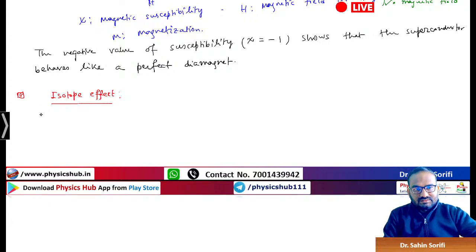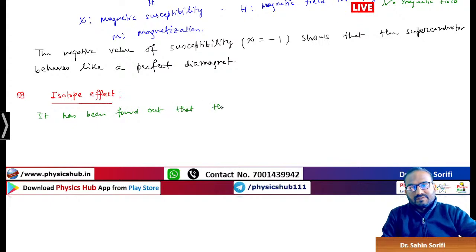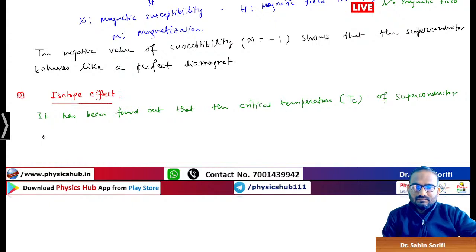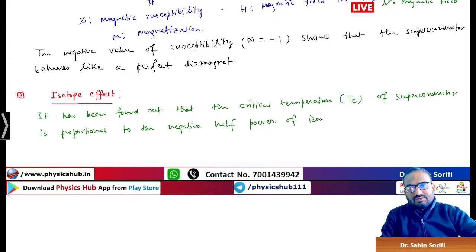It has been found that the critical temperature Tc of a superconductor is proportional to the negative half power of the isotopic mass of the element.